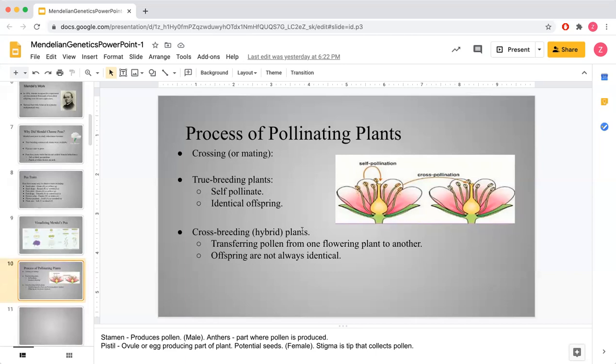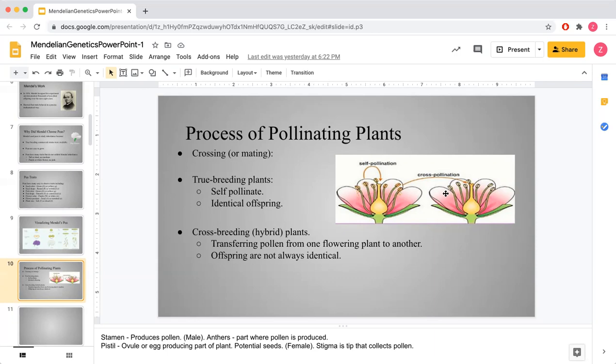And yes, that's right. True breeding plants self-pollinate and they produce genetically identical offspring. Here's an example of a plant self-pollinating. It pollinates itself. But with crossbreeding or hybrid plants, they transfer pollen from one flowering plant to another, and offspring are usually not genetically identical.